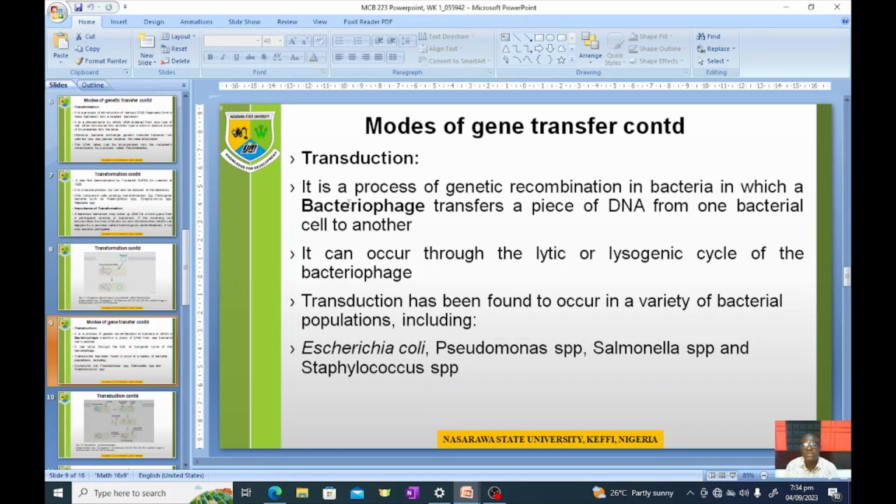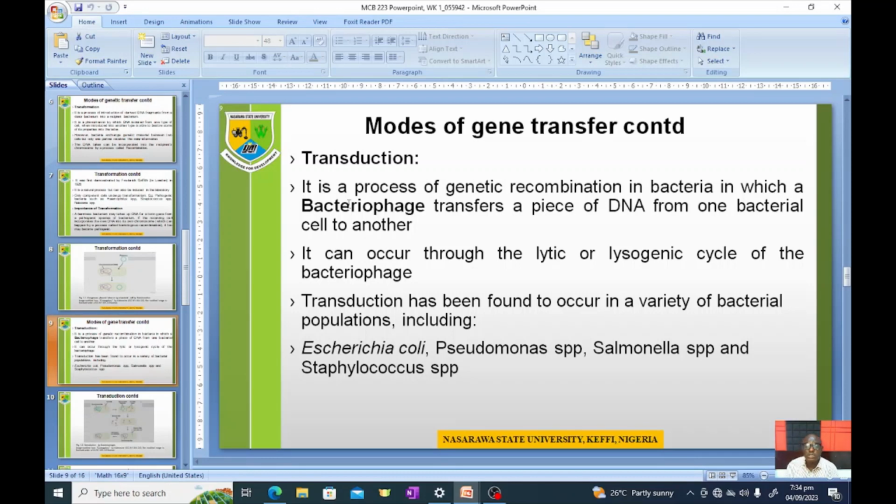Modes of gene transfer. Number 2, transduction. It is a process of genetic recombination in bacteria in which a bacteriophage, which are viruses that infect bacteria, will transmit a piece of DNA from one bacterium to another.